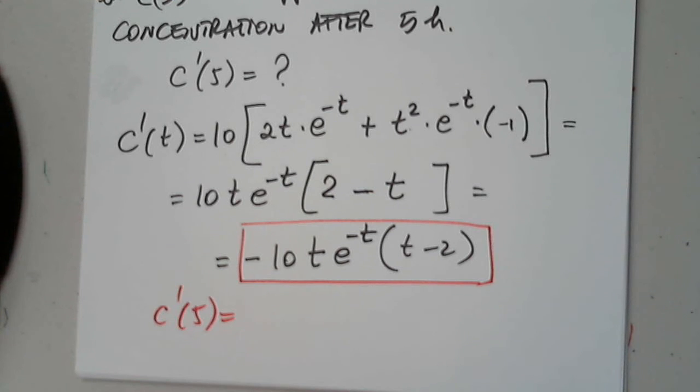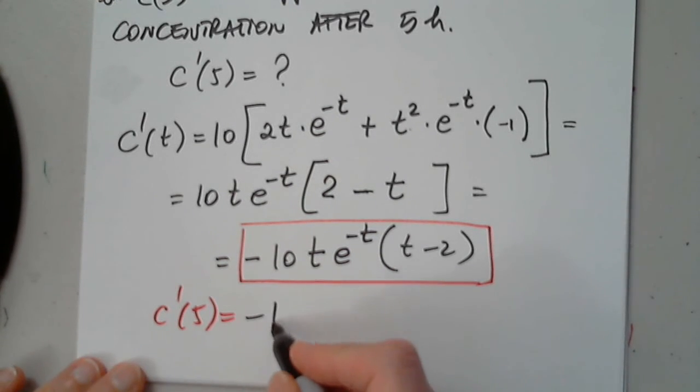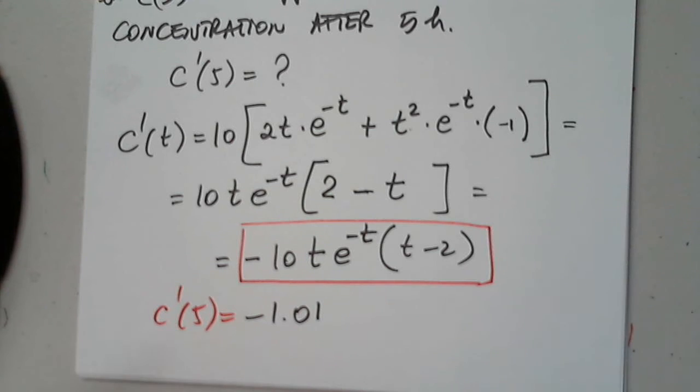And then I only want to determine this, and it should be already there. It's right here. I just copy the number. Negative 1.01. It's right here for 5.